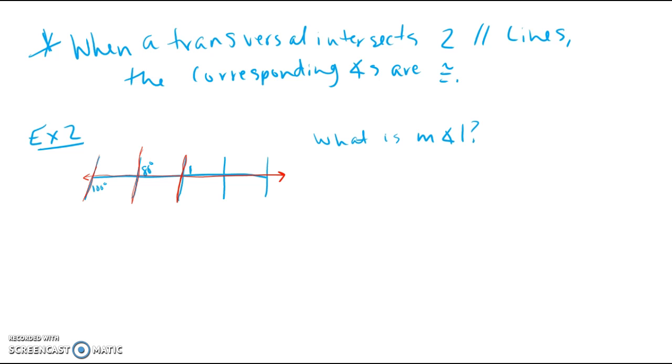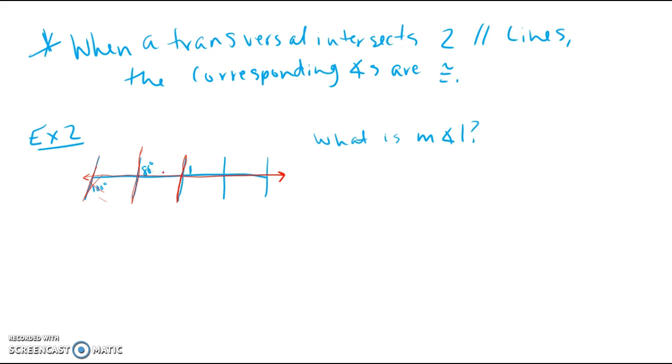And so those are what I'm going to concentrate on. Now, angle 1 is on top of my transversal, and the 100 is on bottom. It is not inside my angles. Angle 1 is not inside my parallel lines, so I can't use alternate interior. So the 100 doesn't help us here.